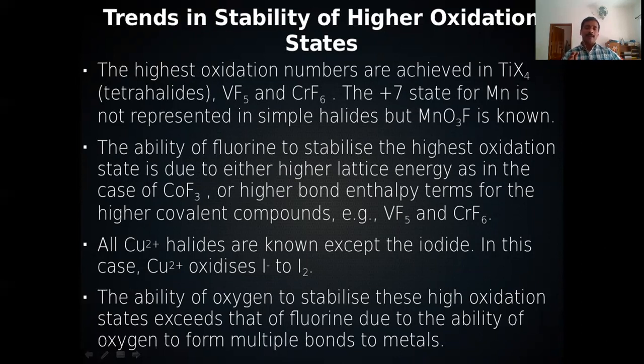So from this, we can understand that fluorine and oxygen can stabilize higher oxidation states. What is the reason for that? It may be due to higher lattice energy, for example CoF3, or it may be due to higher bond enthalpy, for example VF5 and CrF6.